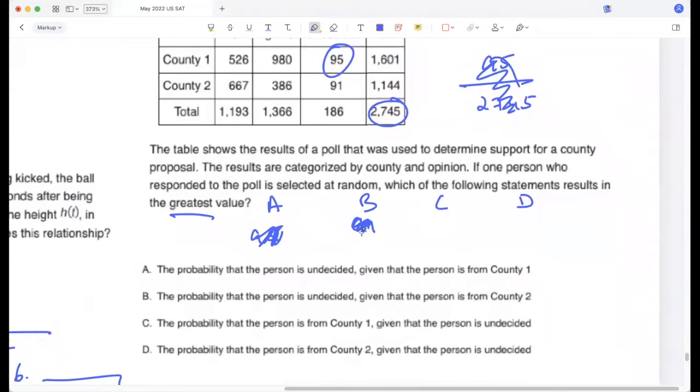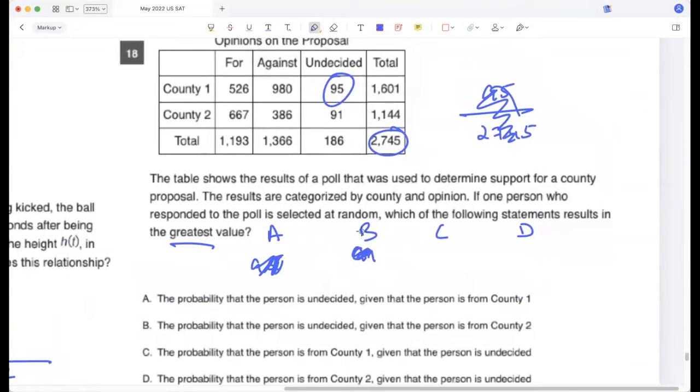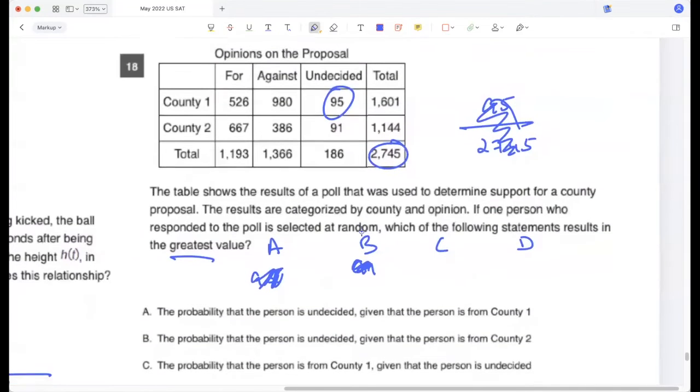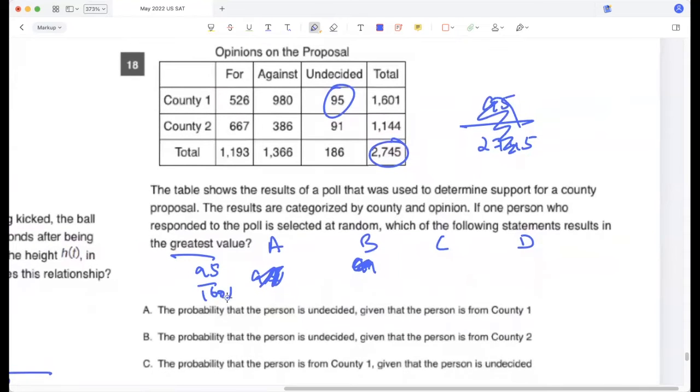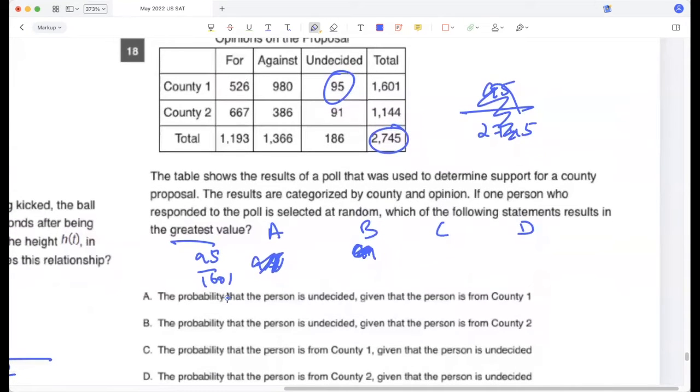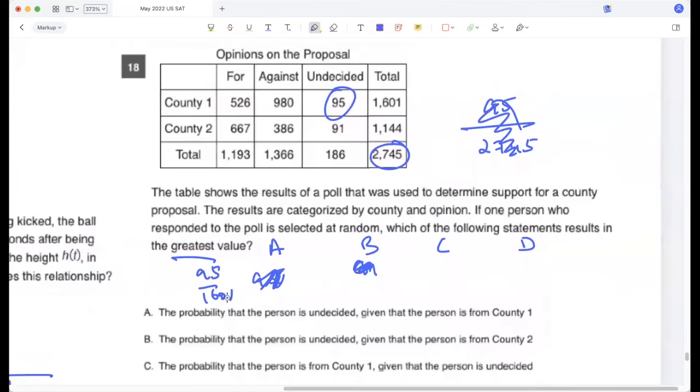So it would be, given that the person is from county 1, the probability that the person is undecided, so 95 by 1601. 95 by 1601 for A. The probability that the person is undecided, given that he's from county 2, so 91 by 1144.